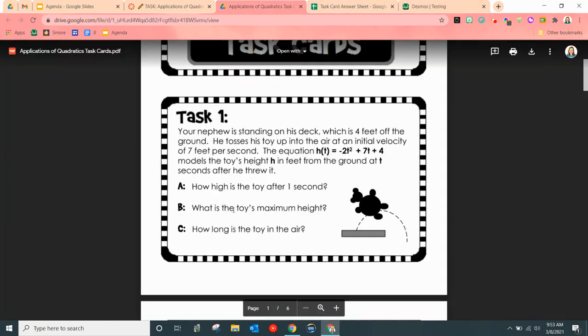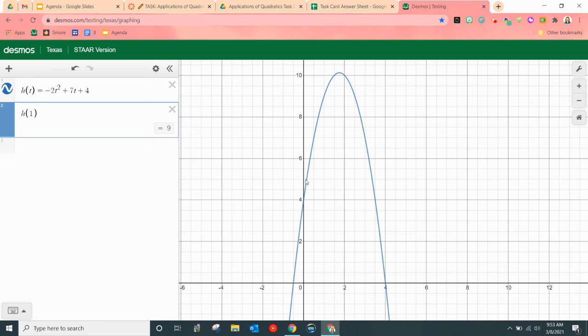So I got that one correct. Okay, B says, what is the toy's maximum height? Well, I see it was thrown all the way up to here, and then it started coming back down and hit the ground. So its maximum height, now is it the 1.75 or the 10.125? That's what you have to remember. X is my time, so that's the time at 1.75 seconds.